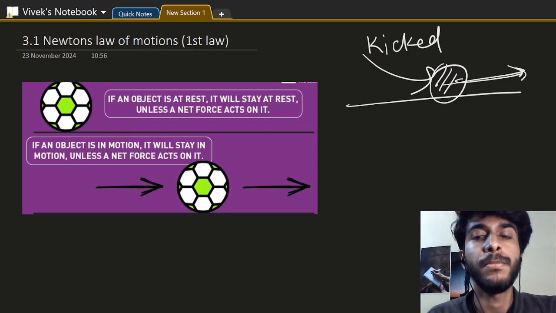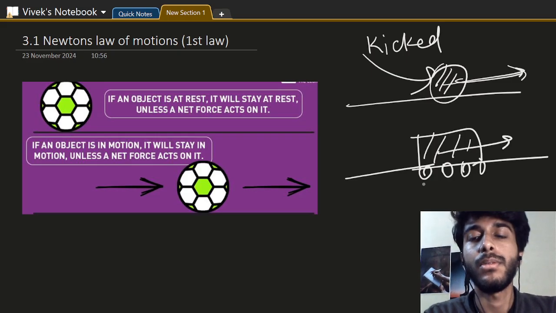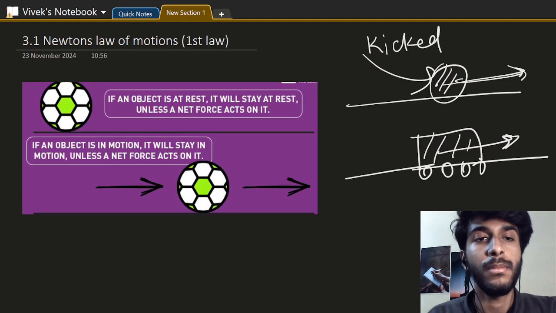Similarly, let us take an example of a train. If a train was in constant motion, and if we apply brake on it, it will start to decelerate and finally stop. That is also the braking force. So this is the basic understanding of the first law.